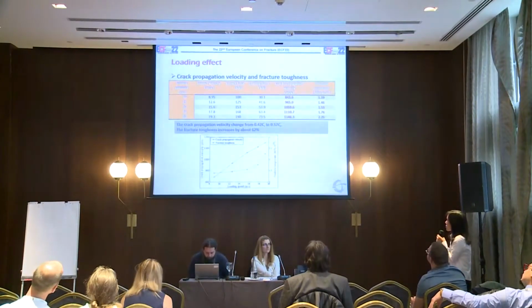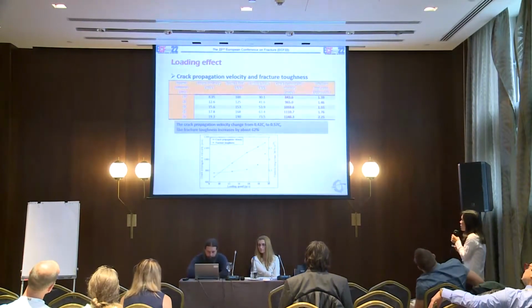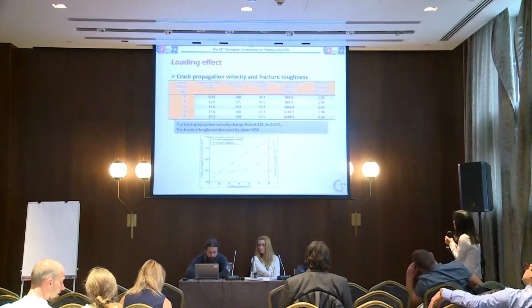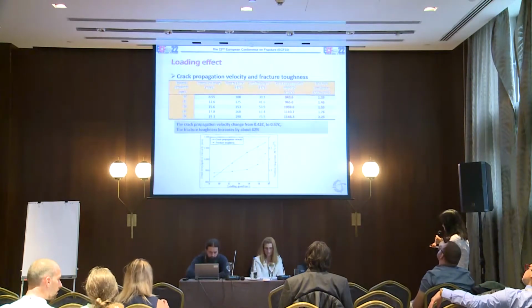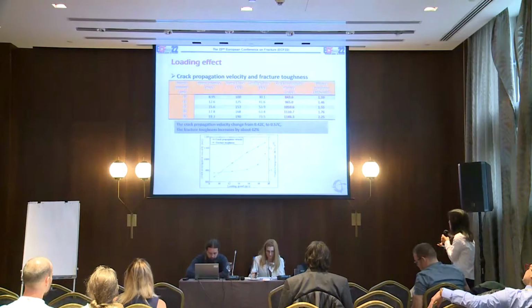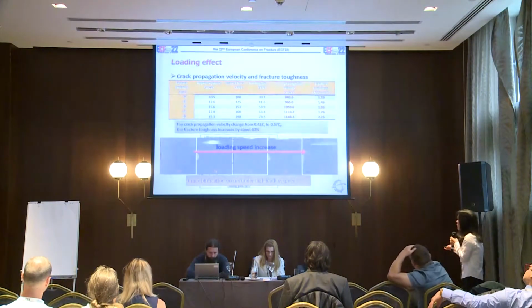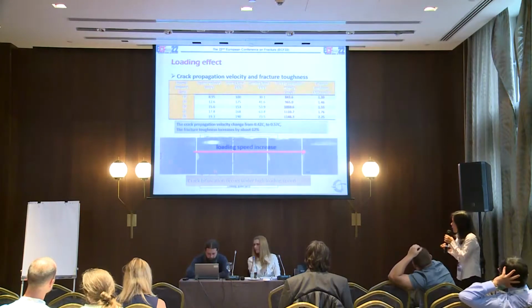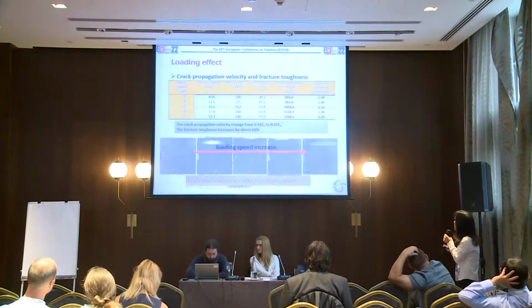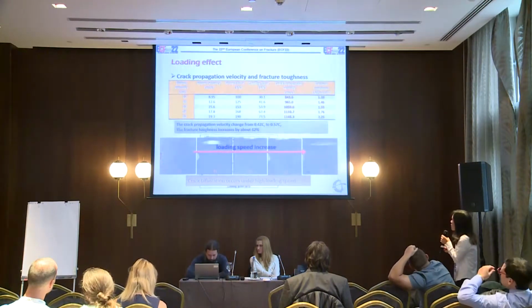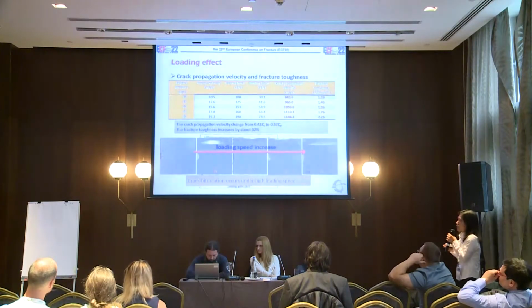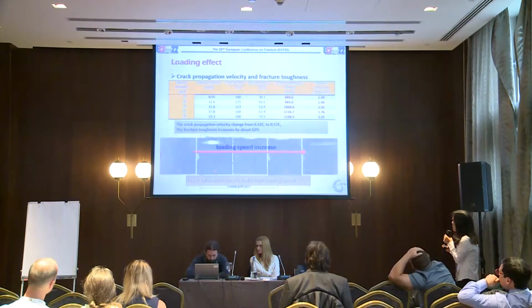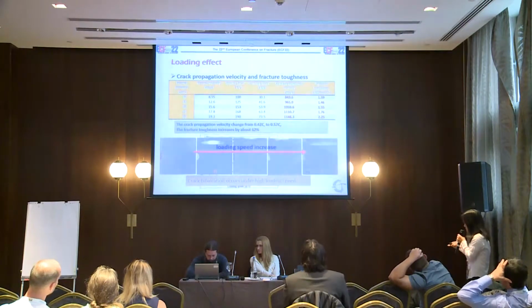It's higher than for the small specimen. The fracture toughness increased about 30% to 60%. Here is the fractography of all the specimens. With the loading speed increase, crack bifurcation occurs here.